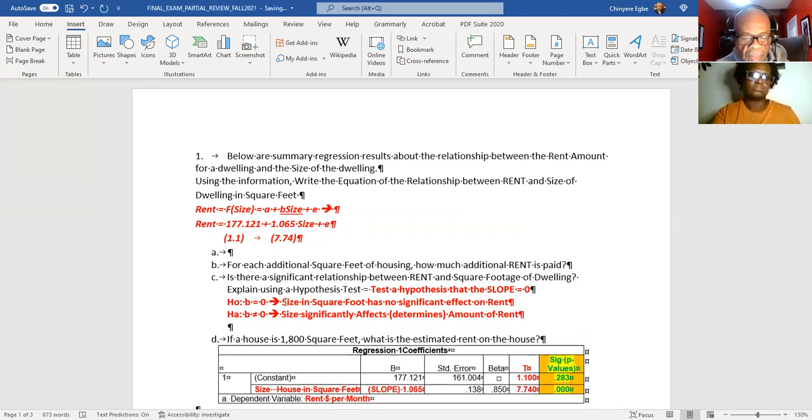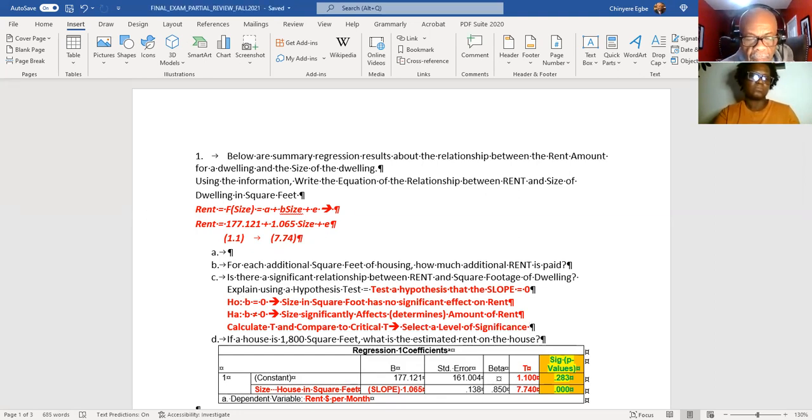Okay, and so the next thing is to calculate T and compare T to critical T. So what is the critical T? Okay, so that means you have to specify a level of significance. So let us say we choose, that means we have to select a level of significance, which you should know how to do.